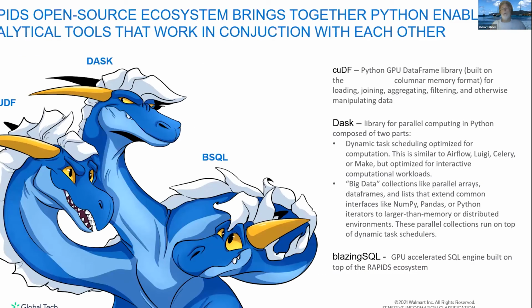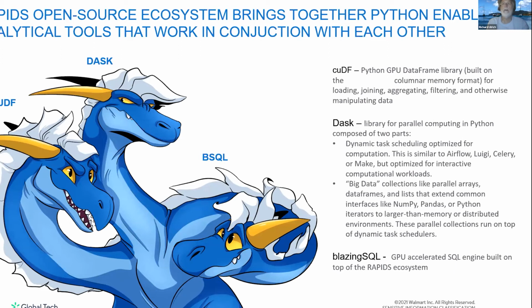The way we look at this, and this was touched on in some of the conversations, is we look at the RAPIDS ecosystem as multiple components that work together well. Especially if you're looking at ETL, which is key to preparing your data for any data science.